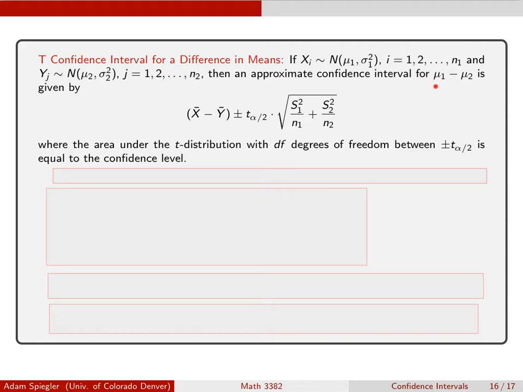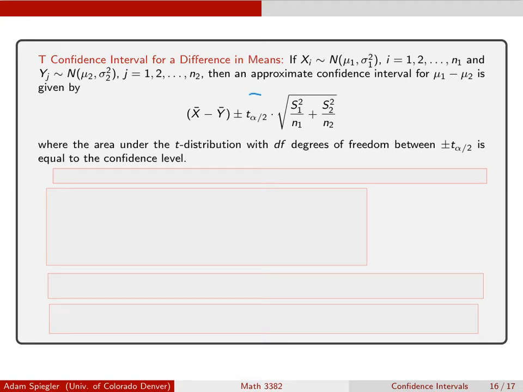And what we want to do is approximate the difference of population means, mu1 and mu2. So we're going to take a similar approach. The cutoffs for this are going to be equal to, we're going to start our estimate with the difference in our two sample means, and then we need to build some margin of error into that estimate.